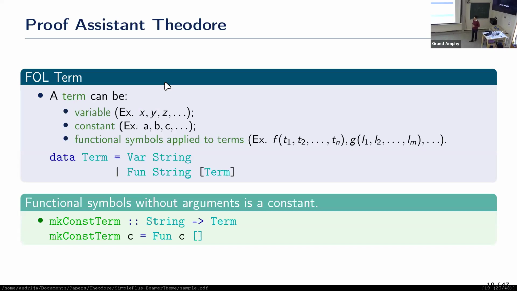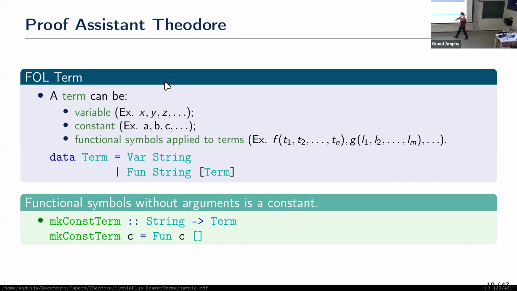Okay, a couple of things in logic. It's implemented in Theodore. We have a term, which can be a variable, a constant, or a functional symbol applied to a list of terms.